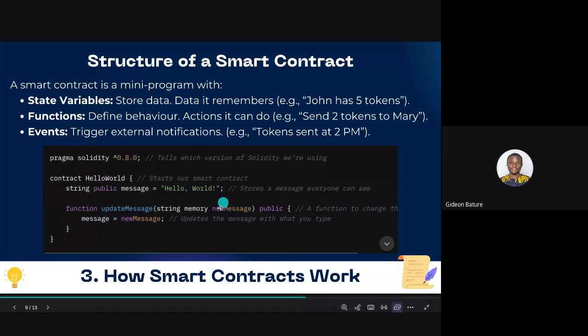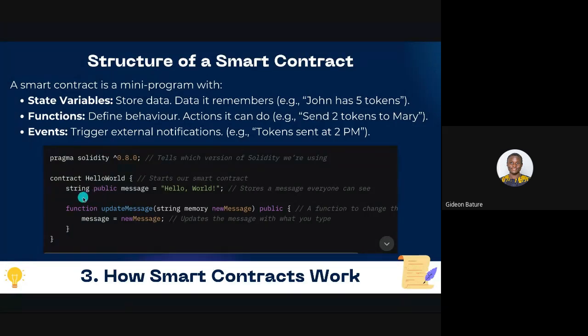So this is an example of a smart contract. There you have contract HelloWorld. This signifies the beginning of the contract, and the name of the contract here is HelloWorld. This one is the version of Solidity you are using, pragma solidity. The caret facing up is telling it that it should use from version 0.8.0 upwards. That's what it means. All right.